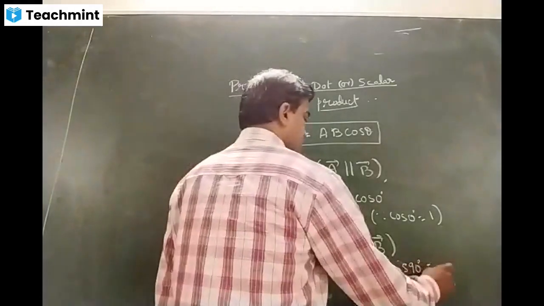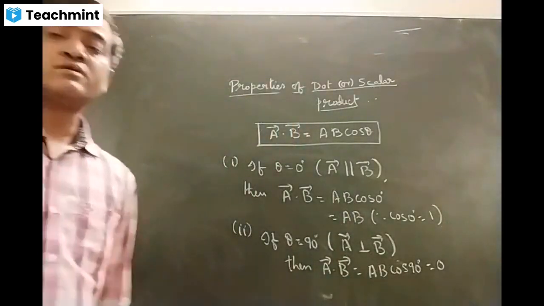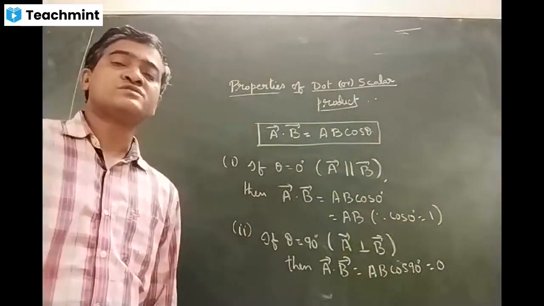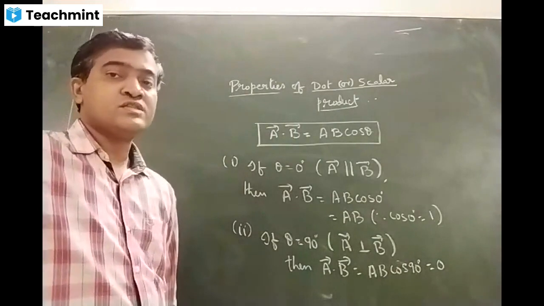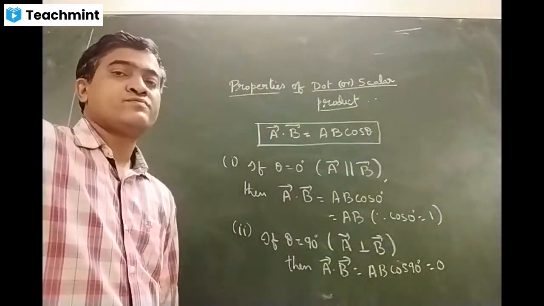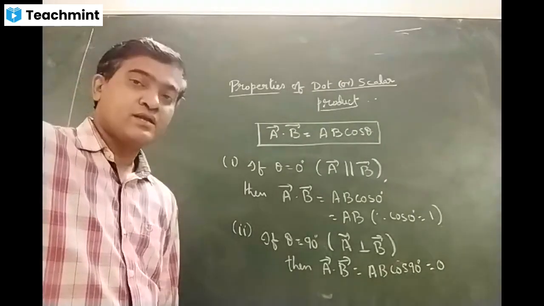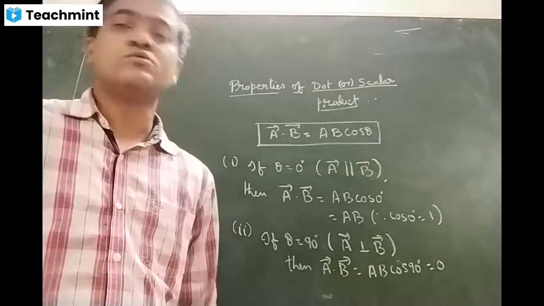So finally I am getting the result as 0. Remember, very important: if two vectors are perpendicular to each other, then their dot product is always 0.